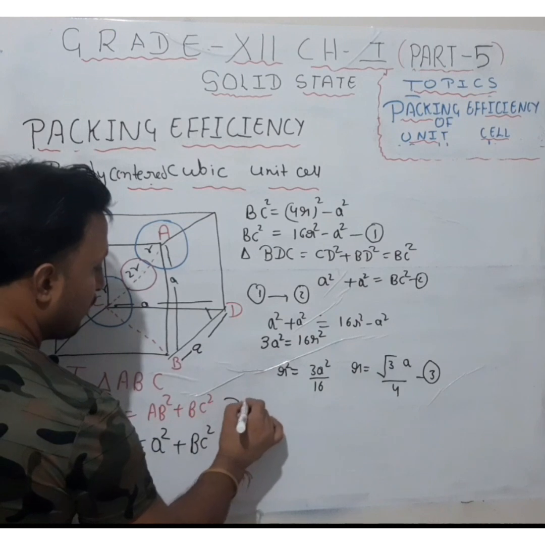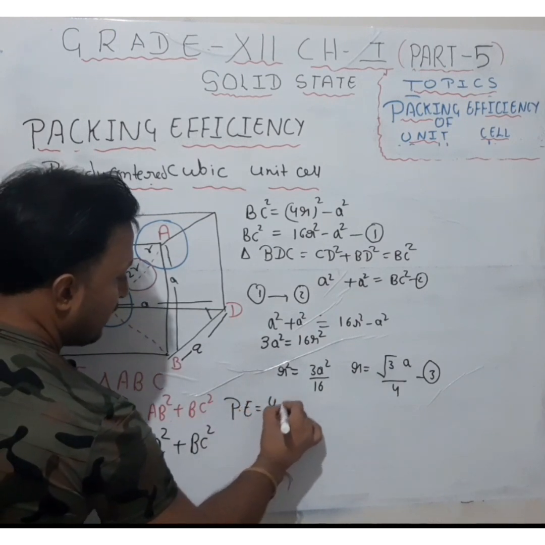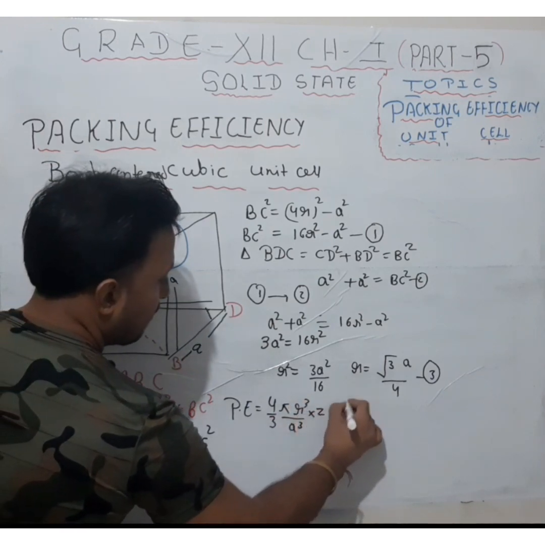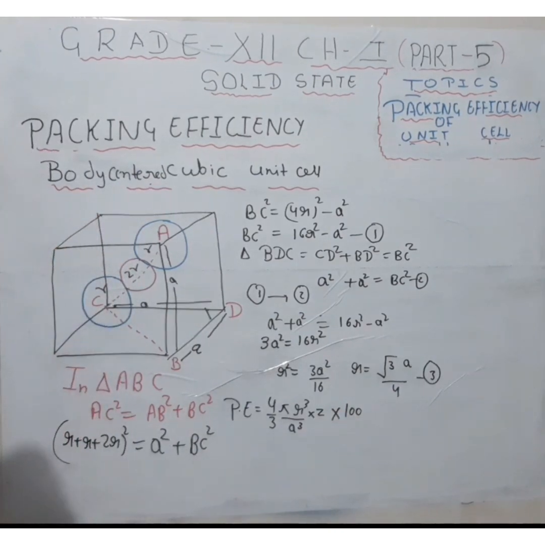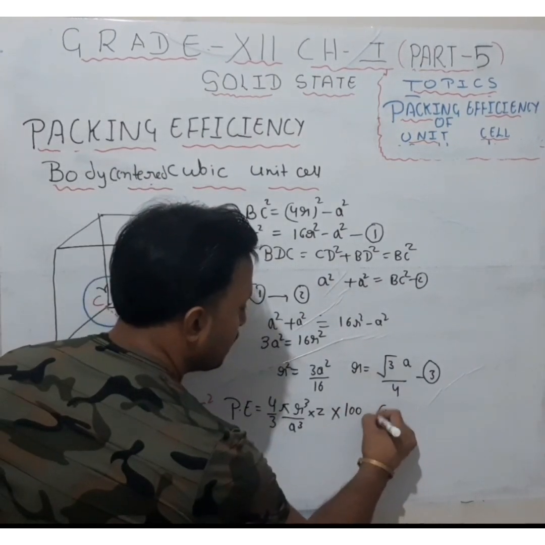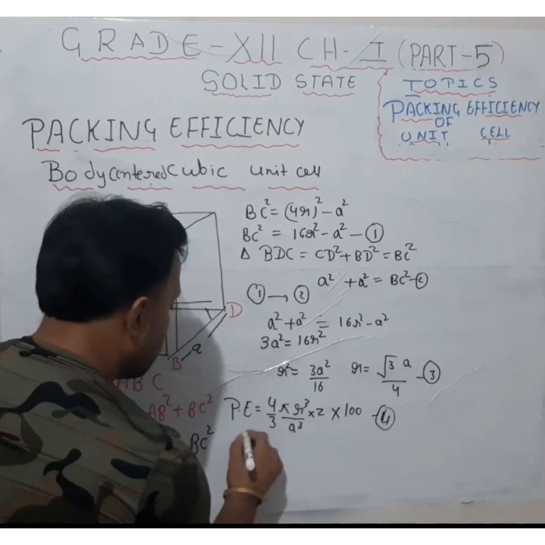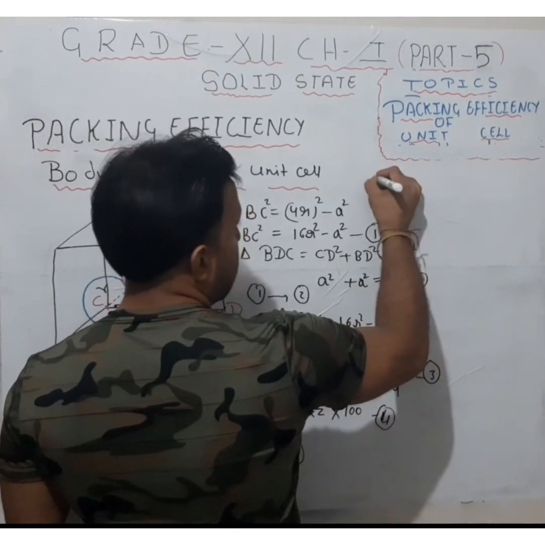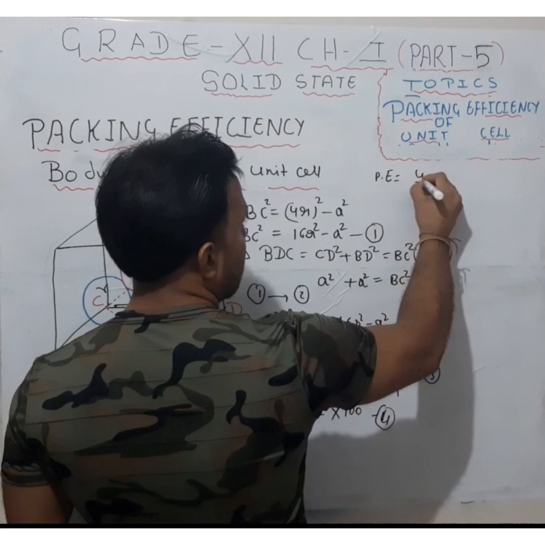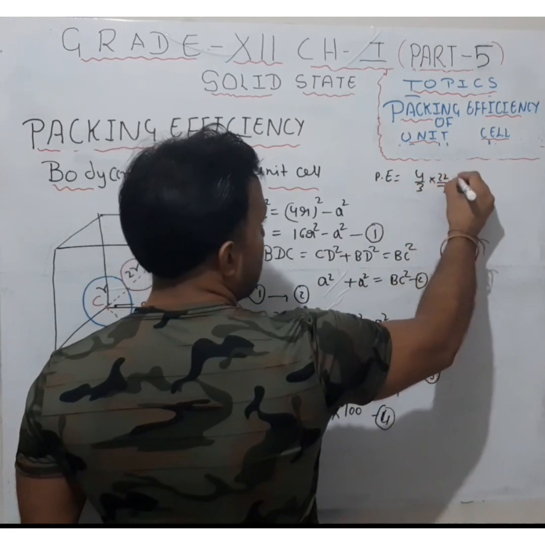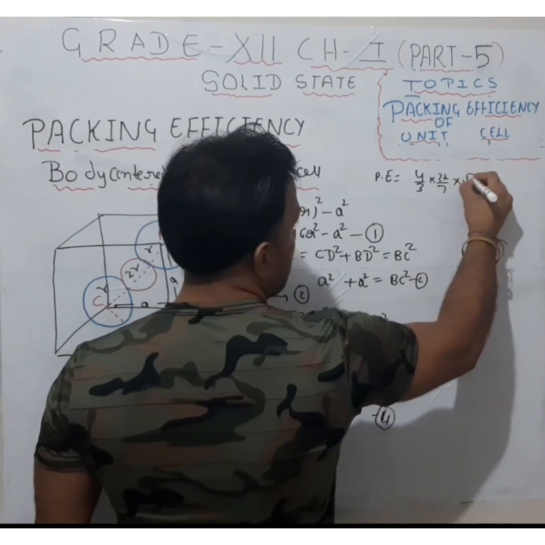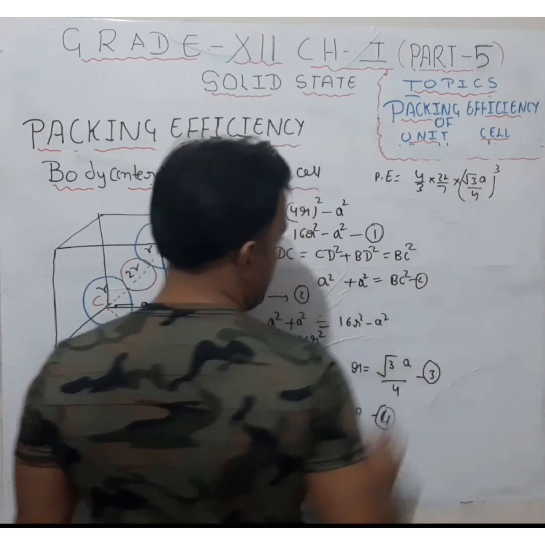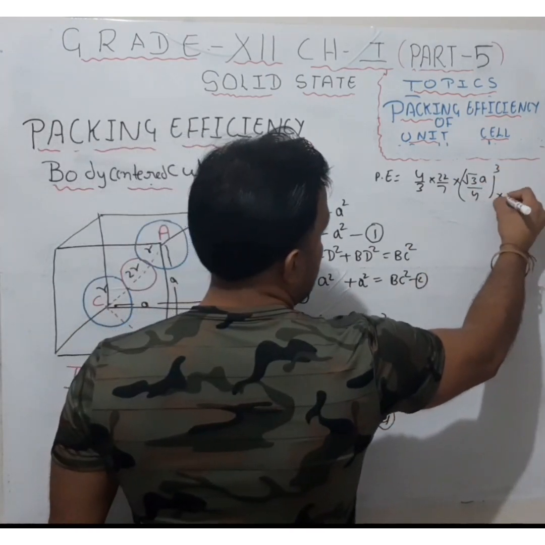Now again we apply the formula of packing efficiency, that is 4 by 3 pi r cube divided by a cube multiplied by z multiplied by 100. Suppose this is again our equation number 4. Then when we apply the value of 3 in 4, you will find that packing efficiency will be equivalent to 4 by 3, pi value is 22 by 7, in place of r you can put (root 3 a by 4) whole cube, and then a cube is there.